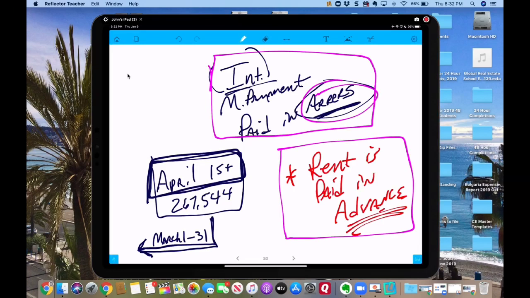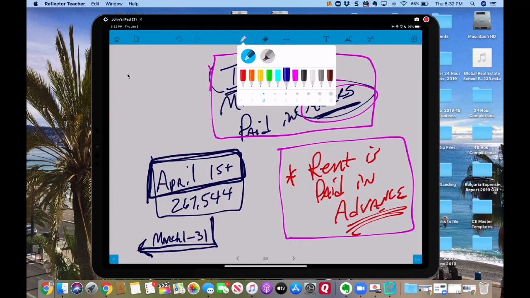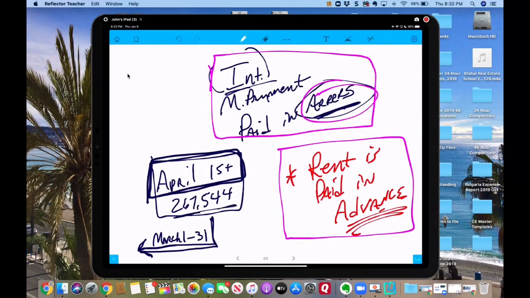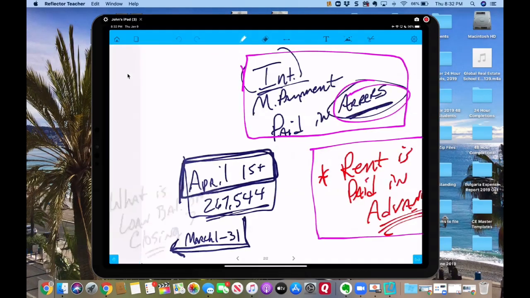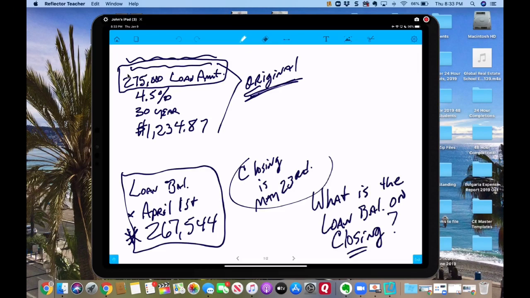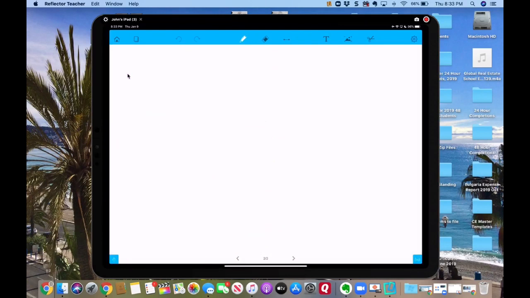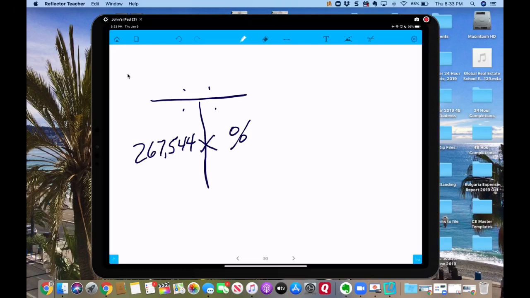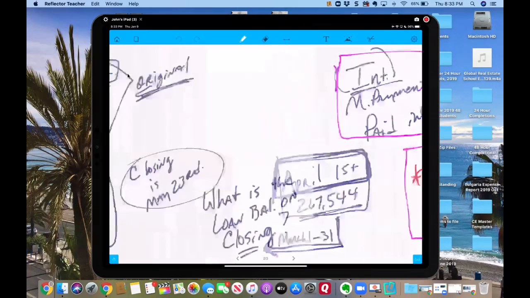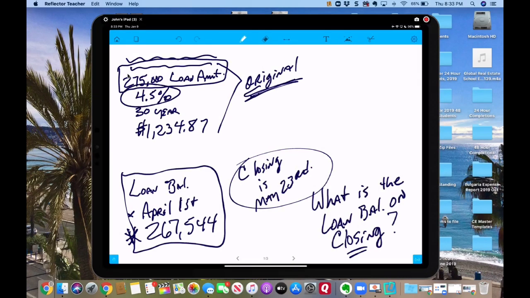So let's start solving this problem here. This is our loan balance, April 1st. Don't forget, closing is May 23rd. So here's how we do it. 267,544. I'm going to do a T problem. We talk about our T problem a lot. We're going to multiply that times the percentage rate, which in our problem is 4.5%.